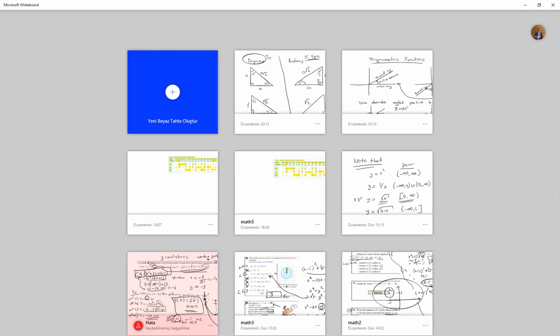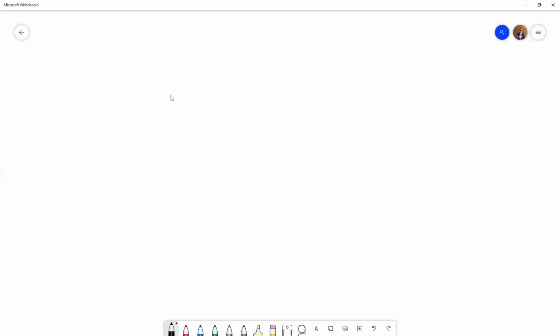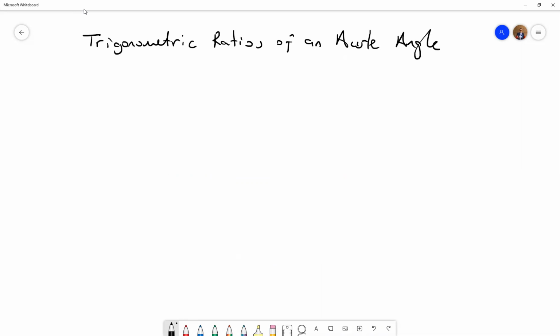And now next one. Trigonometric ratios of an acute angle. What I mean, this one.